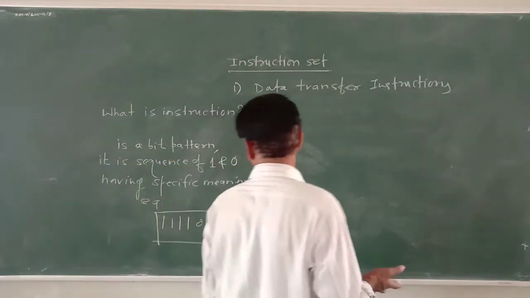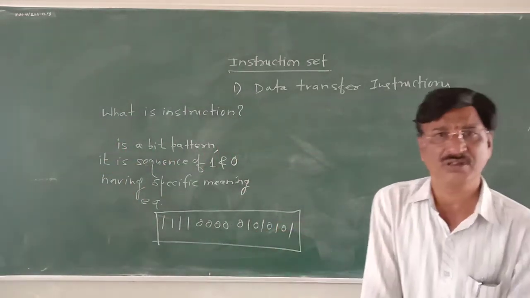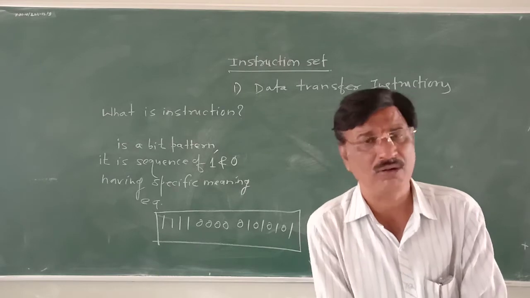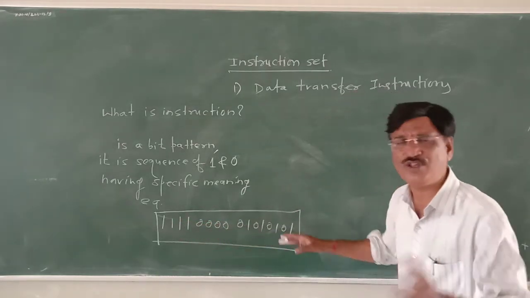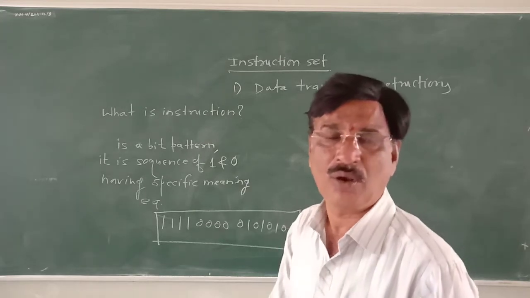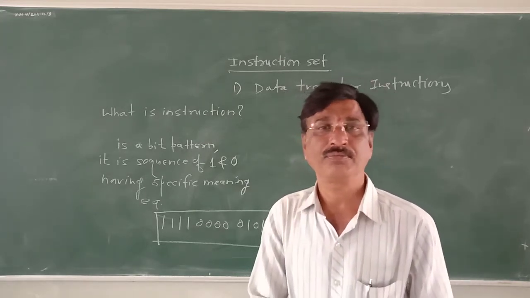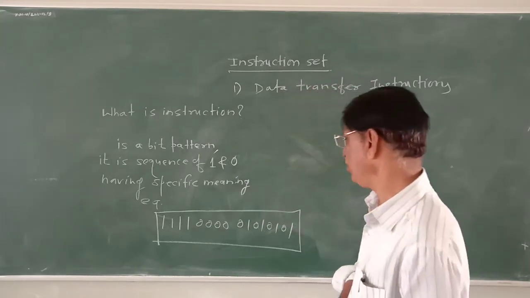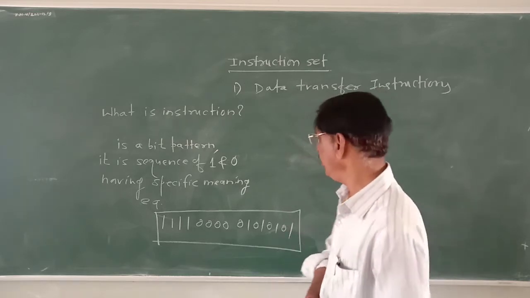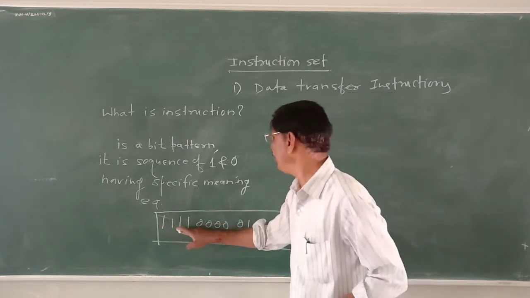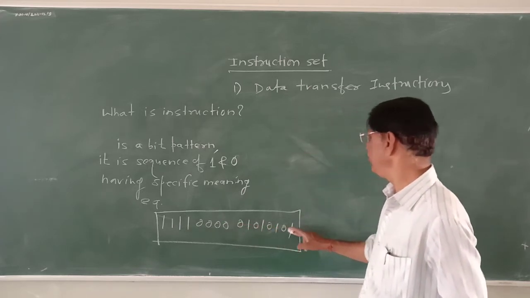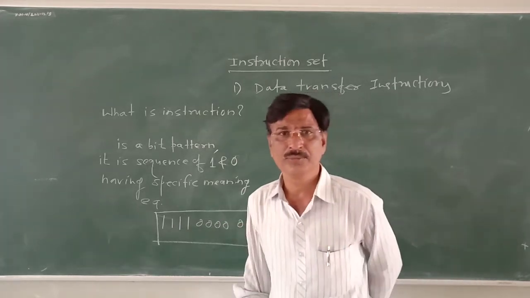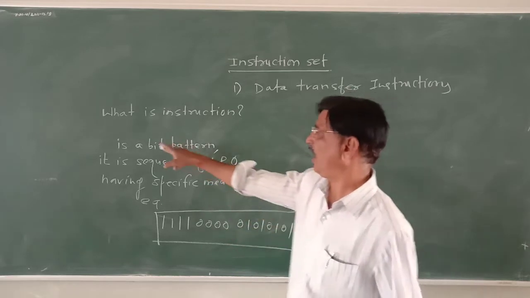Now you can ask the question, what does this instruction stand for? Because looking at the sequence of 1 and 0 we can't predict what it stands for. This is the instruction as per our definition.